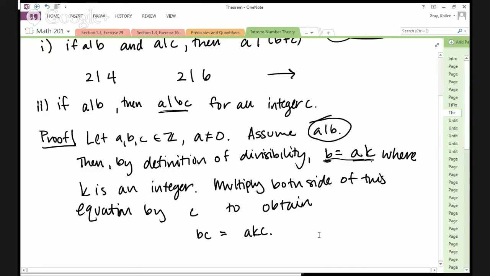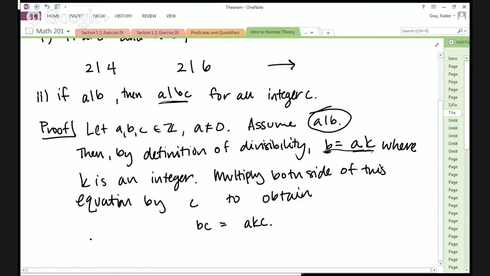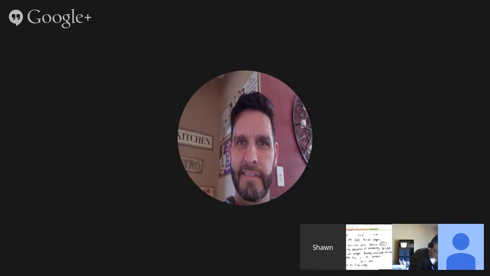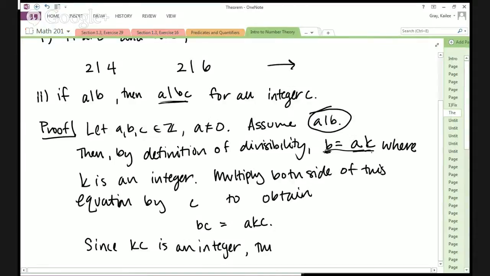So to wrap that up, I'm going to say since KC is an integer, this shows A divides BC. And that's it.